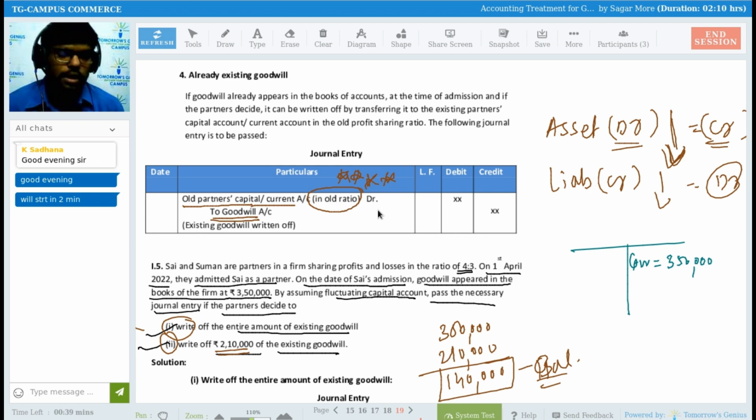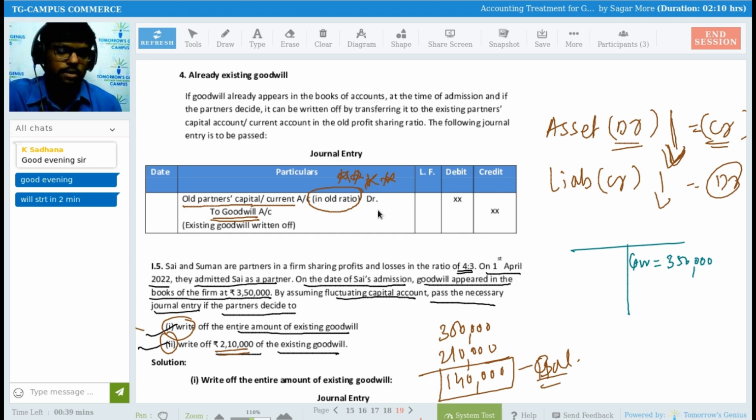Because of the goodwill write-off, obviously the goodwill amount will get cancelled. We have to reduce the goodwill amount. Whenever we want to decrease any asset, we have to credit it. That's why we credit the goodwill account. Now, what is the reason for debiting old partners' capital and current account? The reason is simple. Because of the goodwill write-off, the partners' capital and current account balances will get reduced.